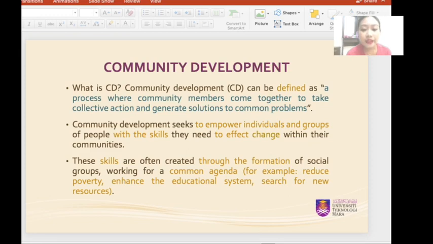These skills are often created through the formation of social groups working for a common agenda, for example, reduce poverty, enhance the educational system, search for new resources. So in general, community development refers to the effort made by the members in the community to enhance the quality of life of each of the members in the community for the sake of the whole community's goodness or benefits.